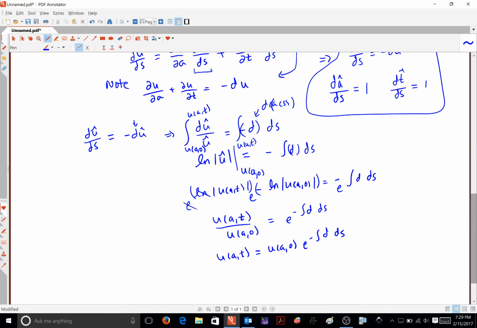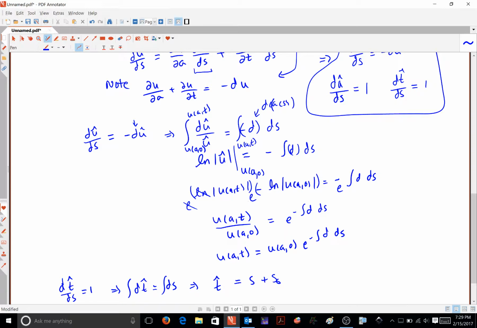the dt ds one. You have dt hat ds is equal to 1, so that says dt hat is equal to ds, and you integrate both of them, and that tells you that t hat is equal to s plus your s0, your initial condition, whatever that is.